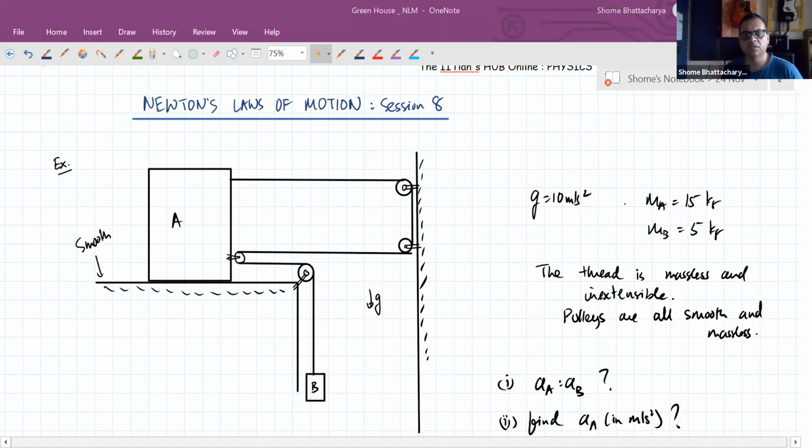Okay, Harshal, Vasisht, and Diti, that's correct. So now come to the second part. Calculate the magnitude of the accelerations.